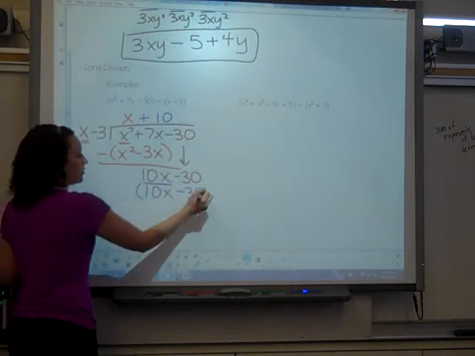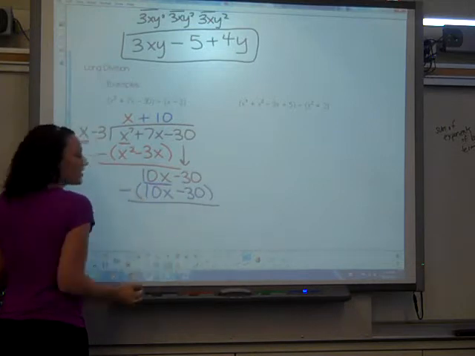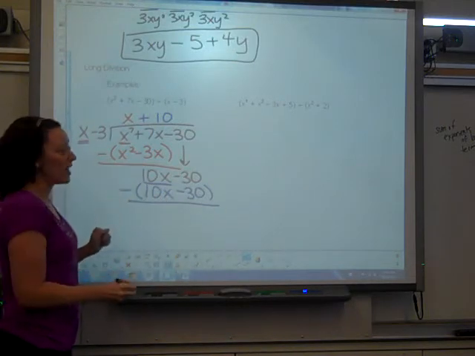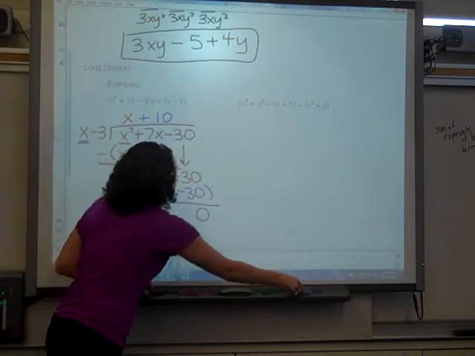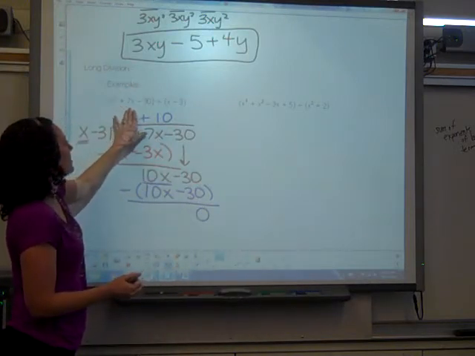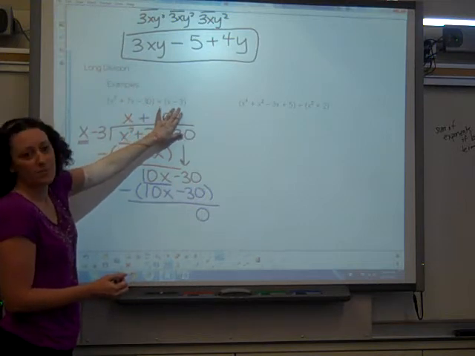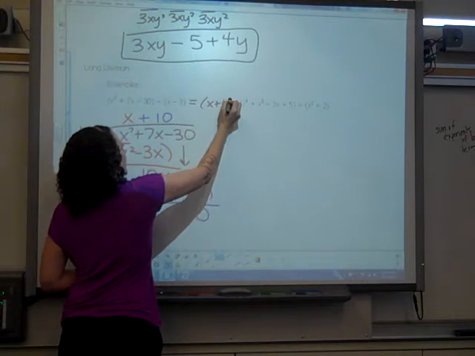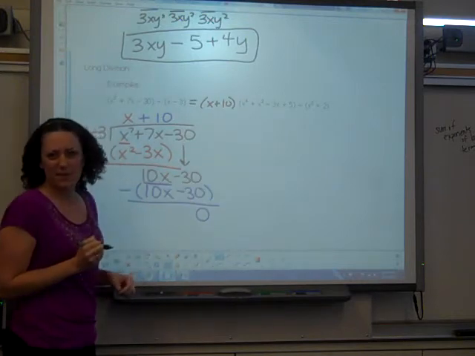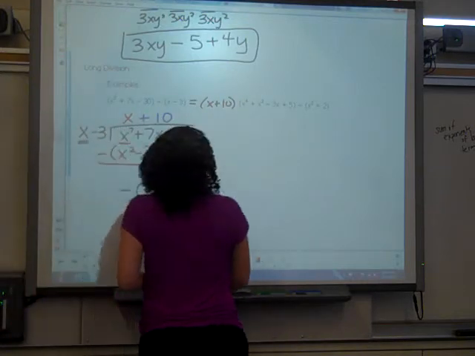Now, just like old school division, I subtract. I can recognize these are the same things, so if I subtract them, I should get 0, meaning no remainder. So what's my solution when I divide x squared plus 7x minus 30 by x minus 3? I should get x plus 10. Not sure why I put it in parentheses, but we'll go with it.